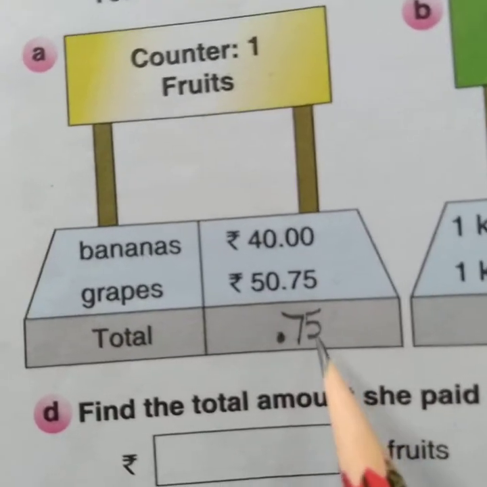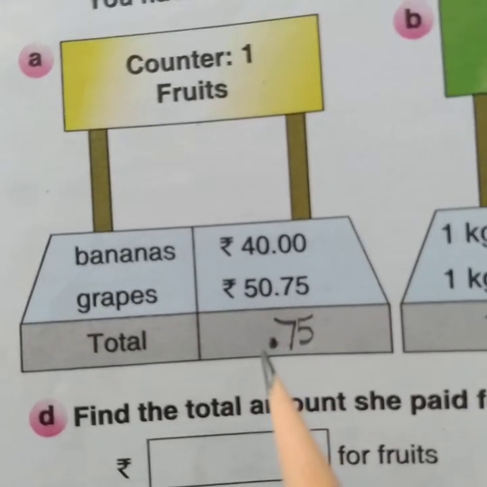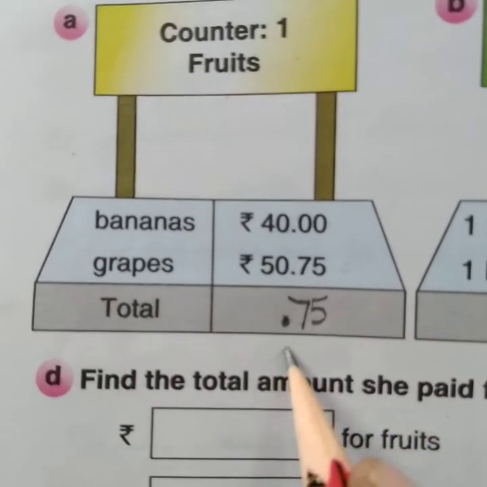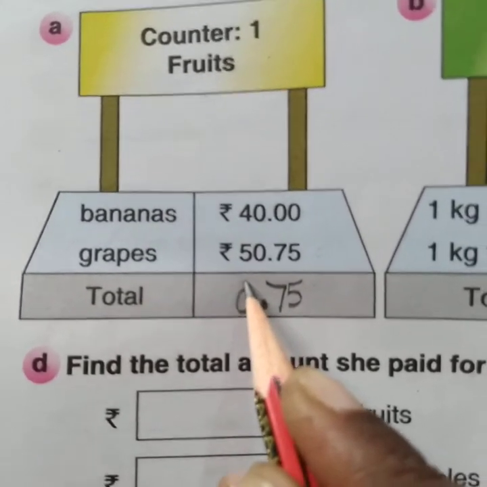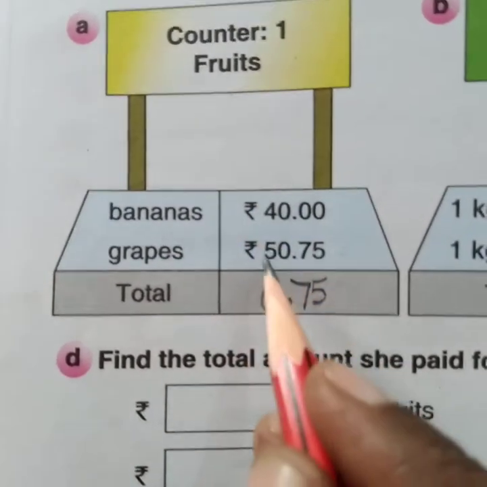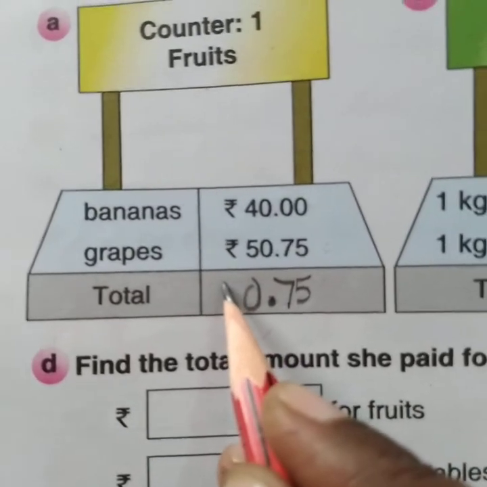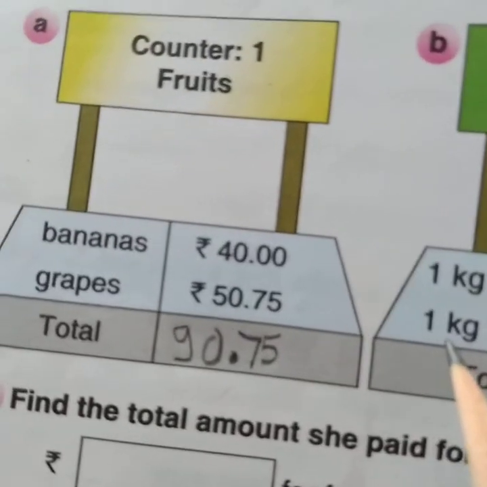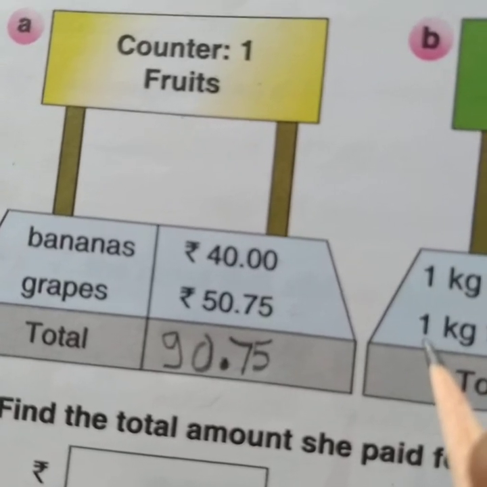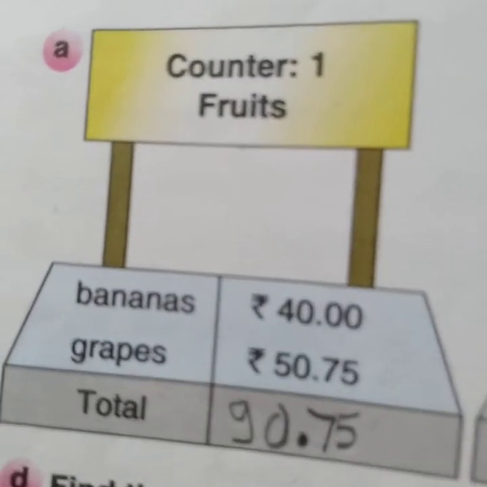So here we added paise, now we have to add the rupees. So here 0 plus 0, 0. 4 plus 5 rupees, 9 rupees. So she has paid 90 rupees 75 paise at the first counter.